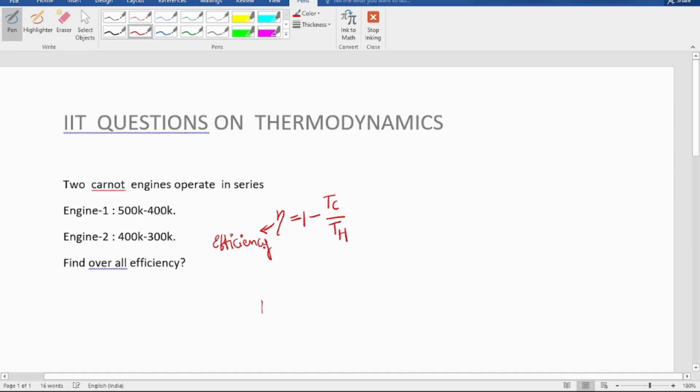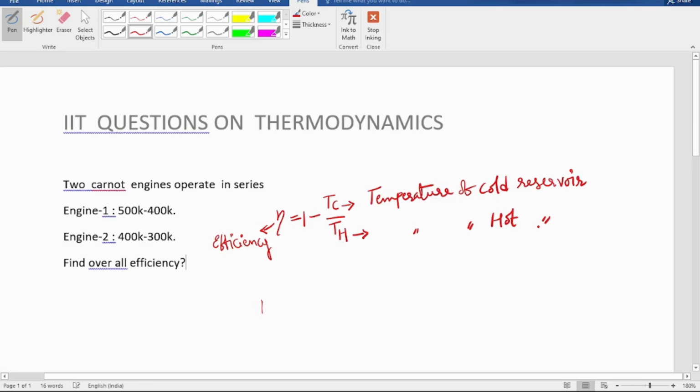Tc represents the temperature of the cold reservoir, and Th represents the temperature of the hot reservoir.